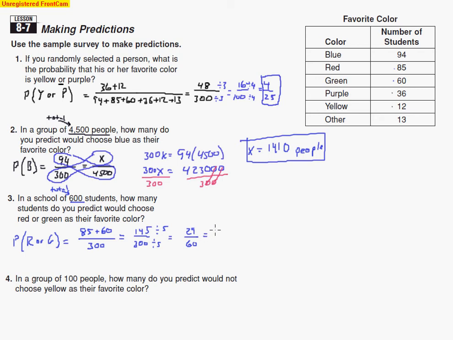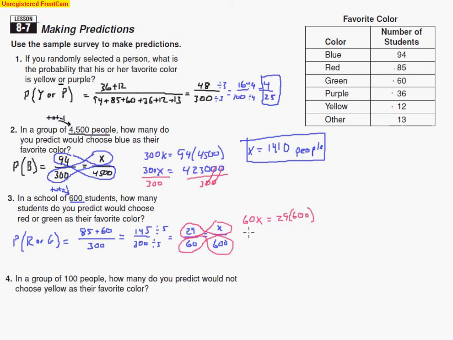We're going to set it equal to, now we've got a total of 600, so that goes on the bottom. And up top, we want to find out how many people out of that school of 600 will like the colors red or green. So we're going to set up this proportion. We're just going to cross multiply 29 times 600, and then x times 60. So we've got 60x equals 29 times that 600.